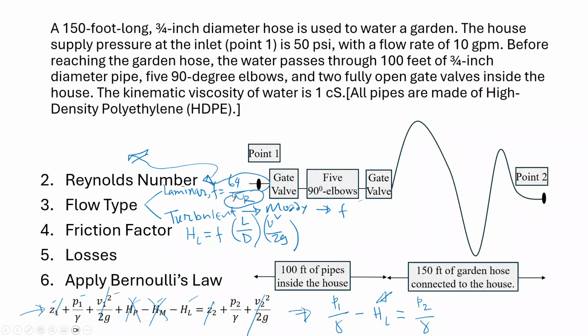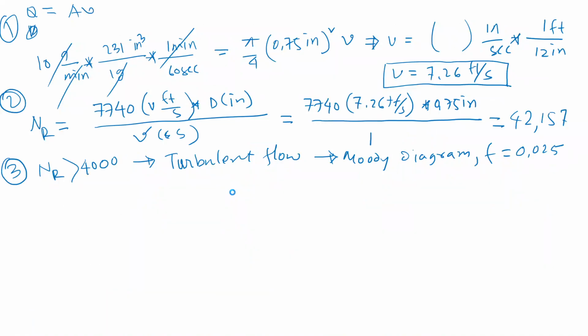So the next step is to calculate the friction losses. In this problem, we have a total of 100 feet of pipe within the house, plus 150 feet of garden hose, plus 5 elbows and 2 gate valves.